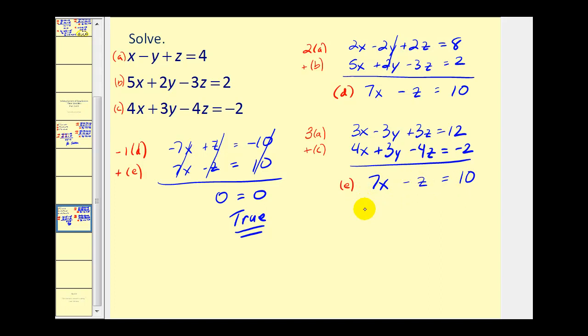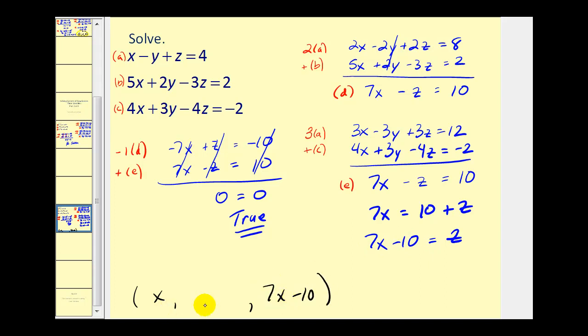So if we add z to both sides, we'd have 7x equals 10 plus z. Subtracting 10 on both sides, we have z equals 7x minus 10. So our solution could be expressed in this way. If we let x be any real number, then the z-coordinate must be 7x minus 10.